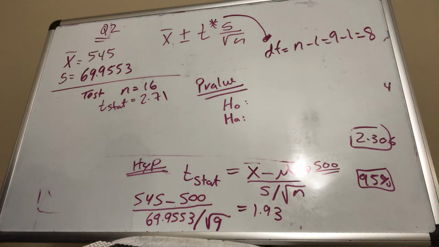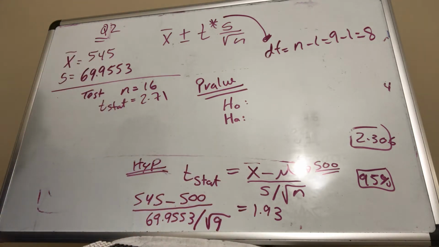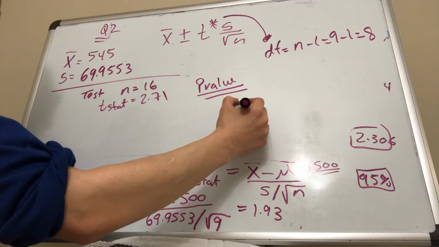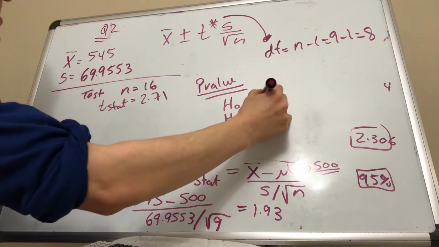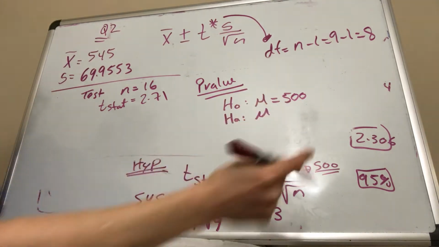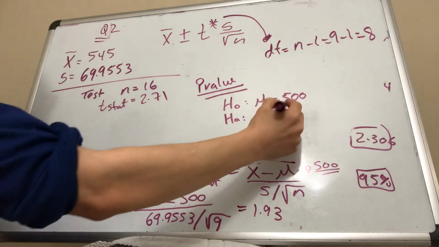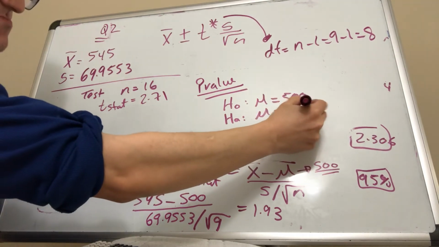When you get a hypothesis like this, where the rent or the mean does not equal a number, in the null hypothesis, H0, we say it could equal, and here we say whatever the question is trying to prove. The question is trying to prove that it's not 500.